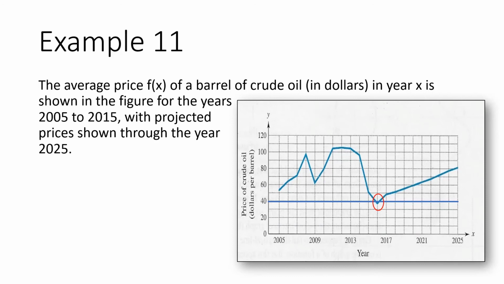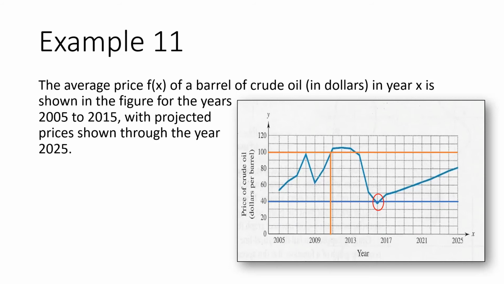Okay, another question is, at what time was the price over $100 a barrel? We use the same process, draw a horizontal line at 100, and then see where that line intersects our graph.